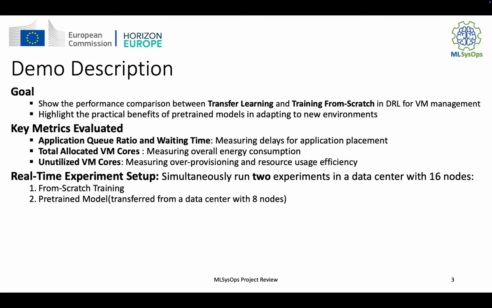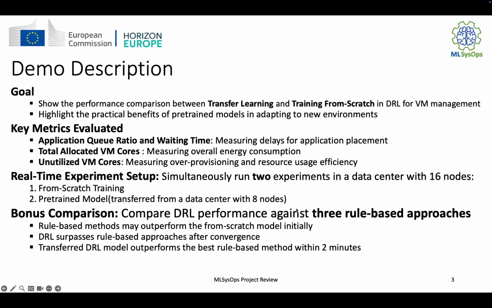We will see if this trained model is able to adapt and apply the trained knowledge to a different, larger scale scenario. And as a bonus, we will compare the DRL performance against three simple rule-based approaches. We will see these things in the demo after showing the performance.